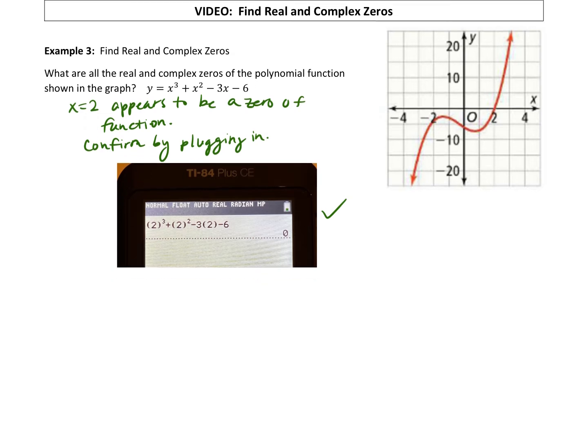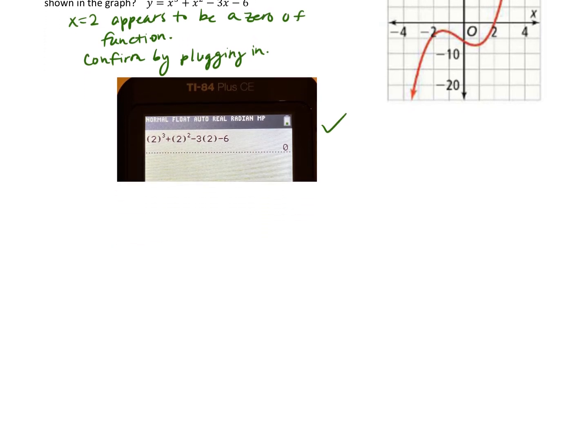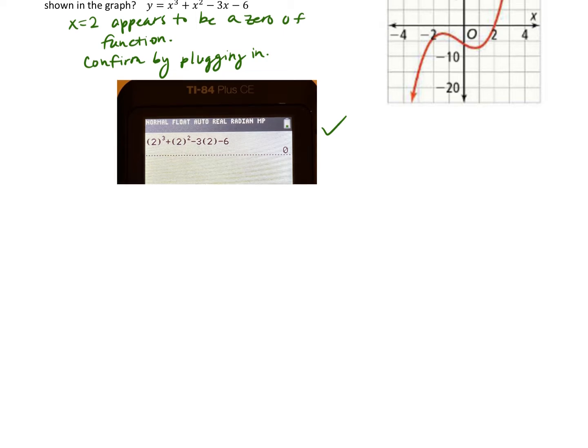All right, now, the zeros of the function, we just found one of them. We know that one of them is 2. So if x equals 2 is a zero, that means that x minus 2 is a factor of our polynomial.